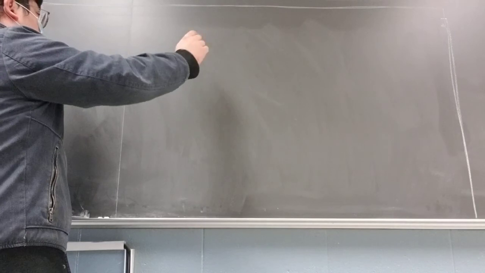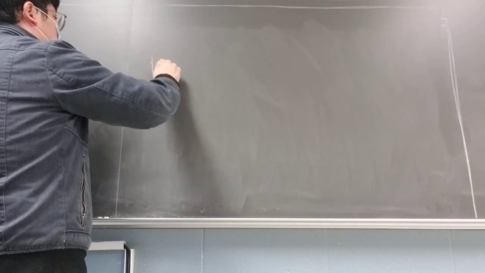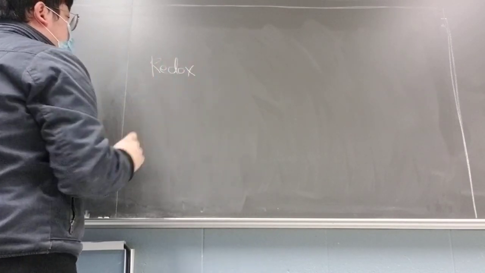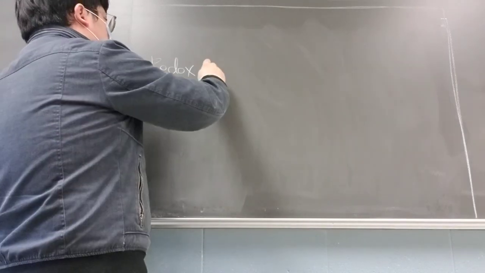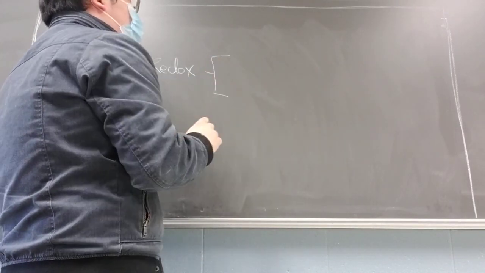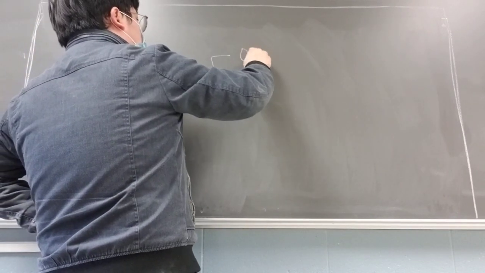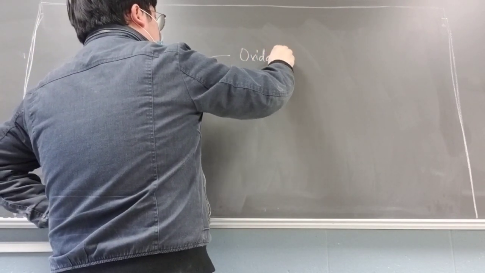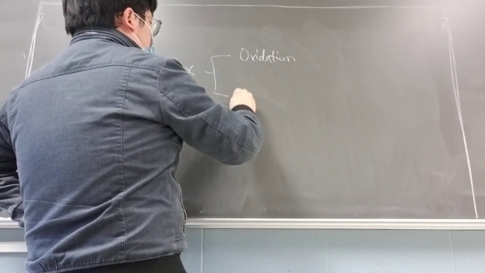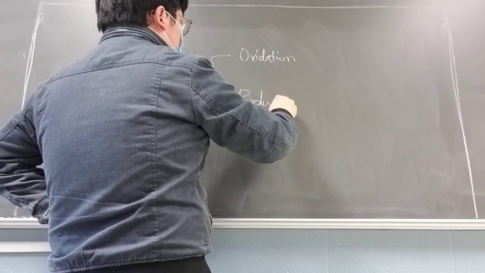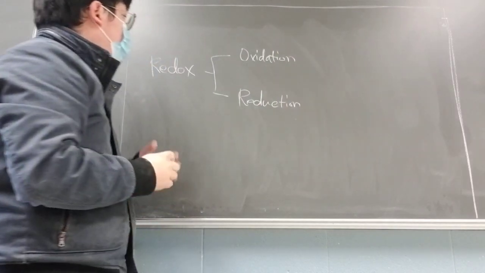So on Monday, we also talked about the redox reaction. Redox reaction simply is about two types of exchange: the first one is oxidation, and the other one is reduction. So these two in total we call redox reaction.